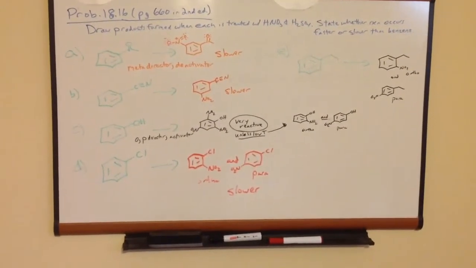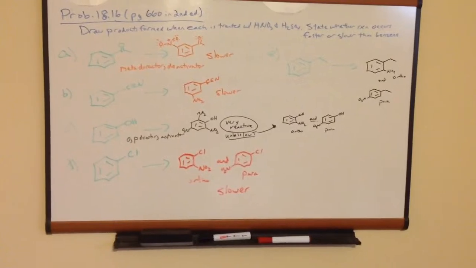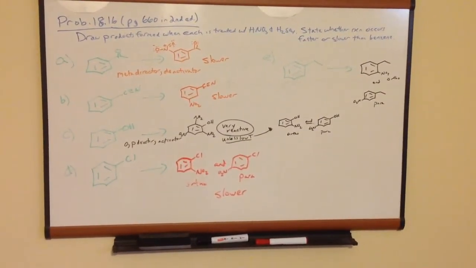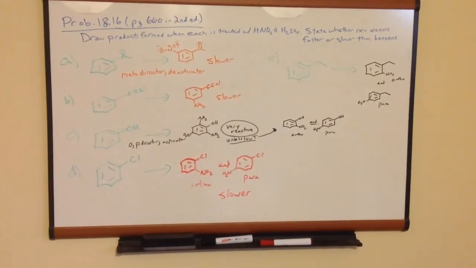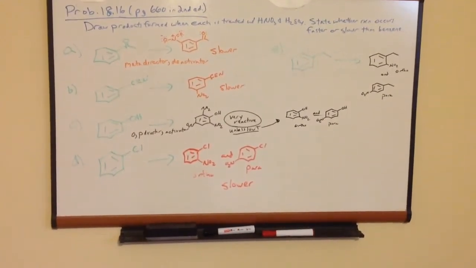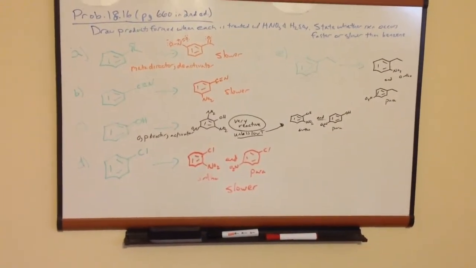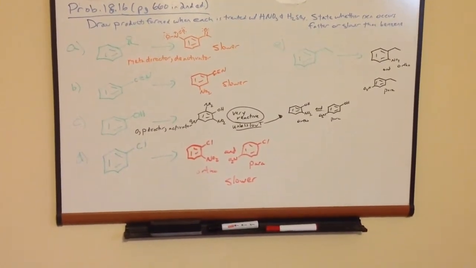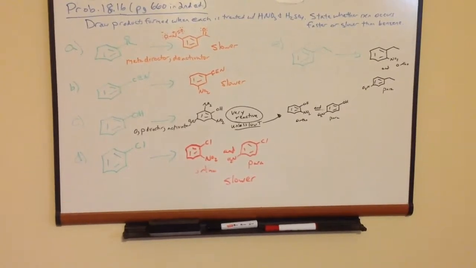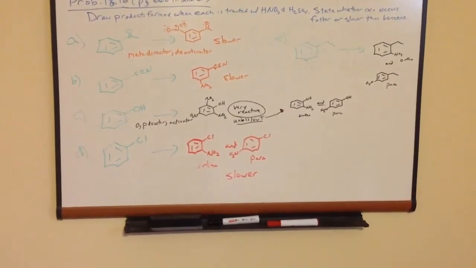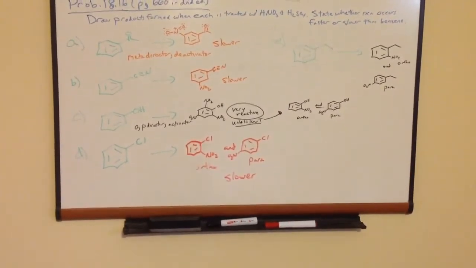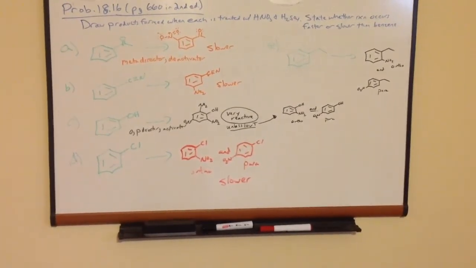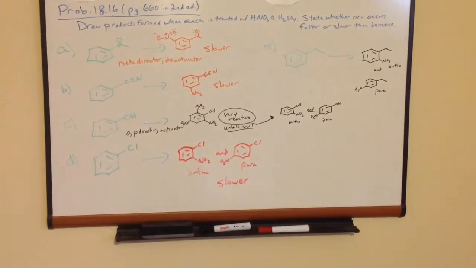If we look at these, one thing we want to consider is that in the first two cases there with the orange, they're slower and they're deactivating, and once we get there, it's going to be hard to do another substitution reaction without forcing conditions. In the case of the C, it's deactivated compared to phenol, so it'll be slower to do another reaction.